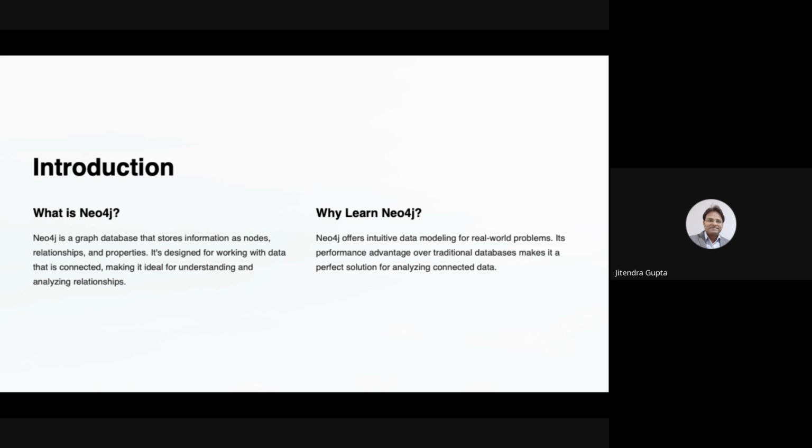Also, why do we want to learn Neo4j? Obviously, it offers better data modeling when you compare it with real world problems where we are looking not only at performing transactional operations. You might also have heard of the term NoSQL. In NoSQL also, we try to represent data in a very unstructured form, but if you want to represent some of the values or properties in a very optimized way, that is very challenging when you try to scale.